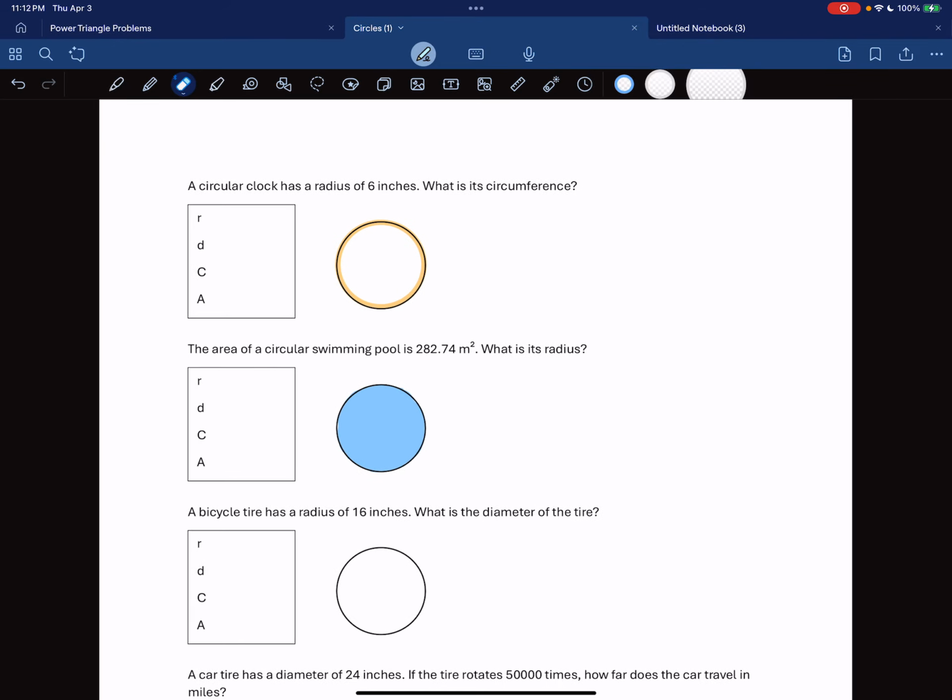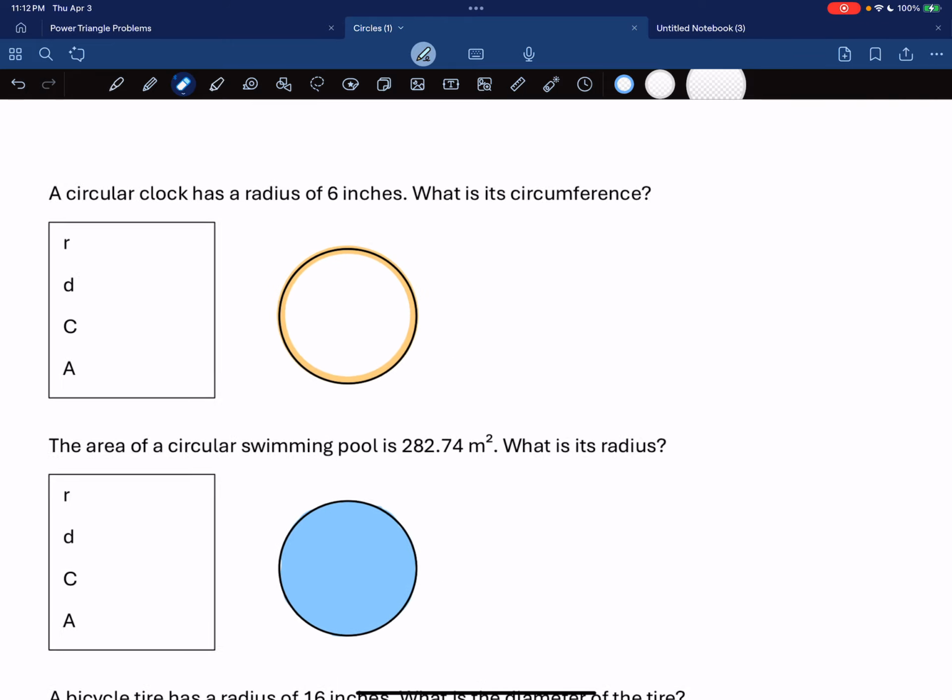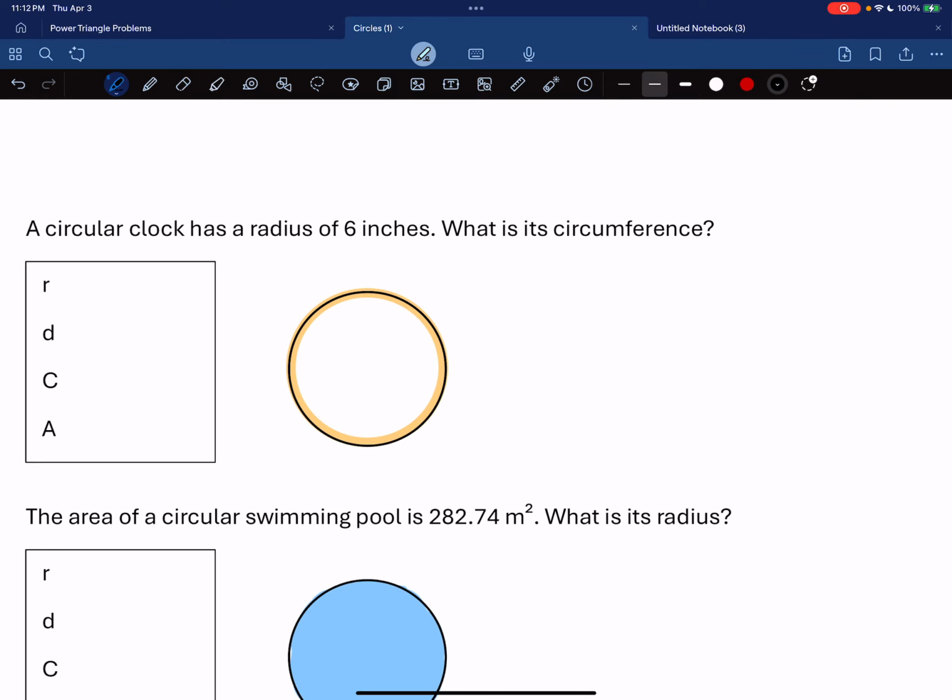And finally, we're on the last page of these, I think. Yes. A circular clock has a radius of 6 inches. What is its circumference?